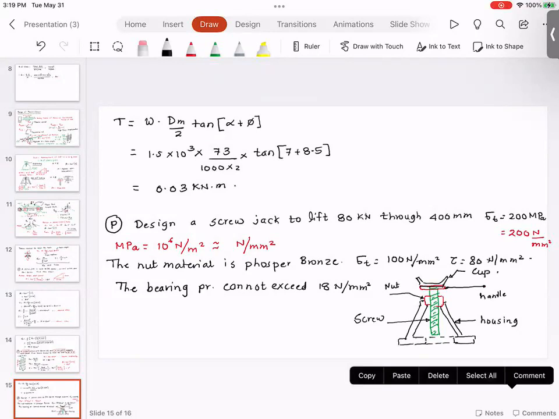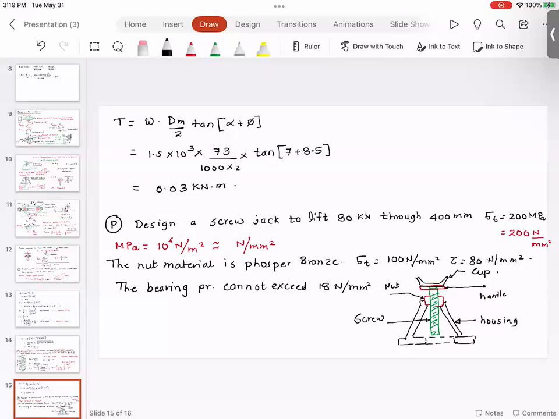And when we are expected to design a screw jack, you can go all the way up to design of nut, design of screw, design of cup, design of handle, design of base. Some of these dimensions come from the engineering analysis, like the equations that we used. Some of these come from the geometry.